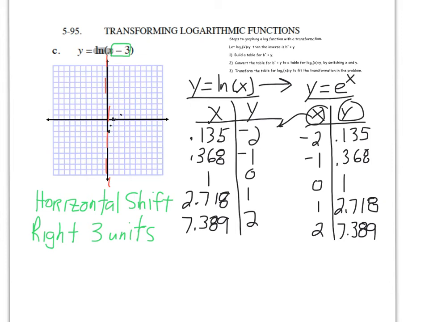And 7.389, 2 is right up here. And so the graph for the ln of x looks something like that. Now I want to apply this horizontal shift. I want to now graph y equaling the ln of x minus 3.